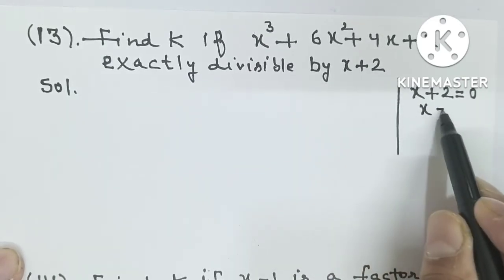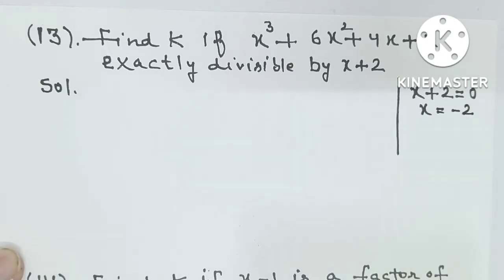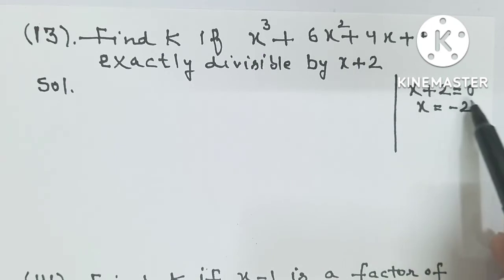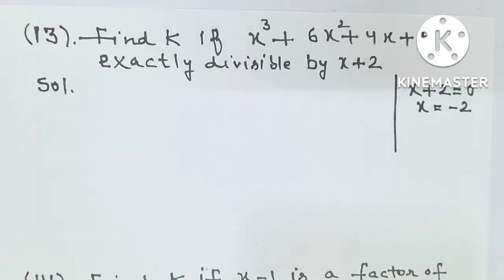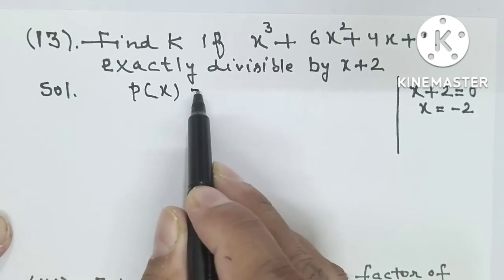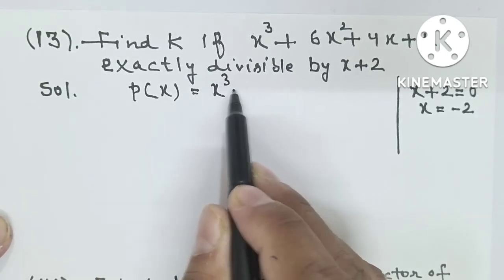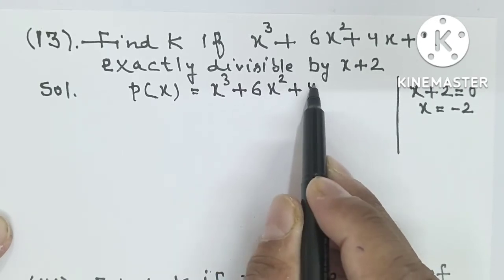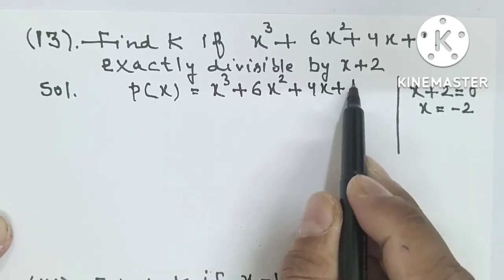So what will the value of x be? Minus 2. So we can say that minus 2 is the 0 of this x plus 2. Now p of x, it is given to you: x cube plus 6x square plus 4x plus k.